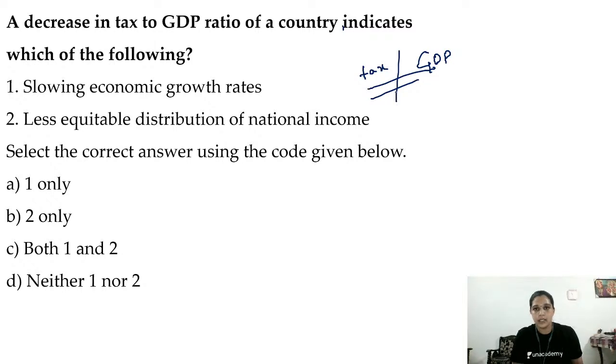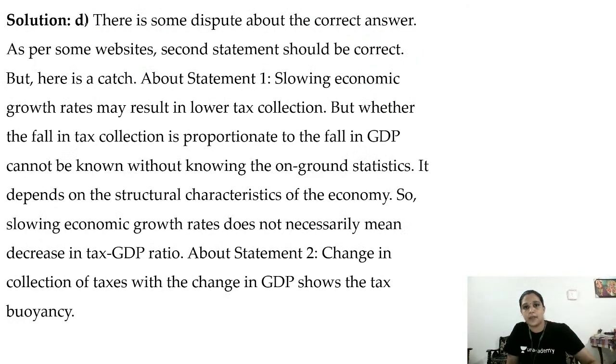What is the ratio of tax and GDP? If the GDP is there but tax is decreasing, what are all the concepts? Neither one nor two, because taxation is different. Taxation is based on the collection process. So GDP is a different concept.